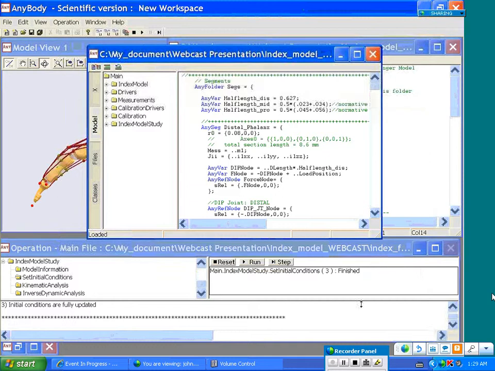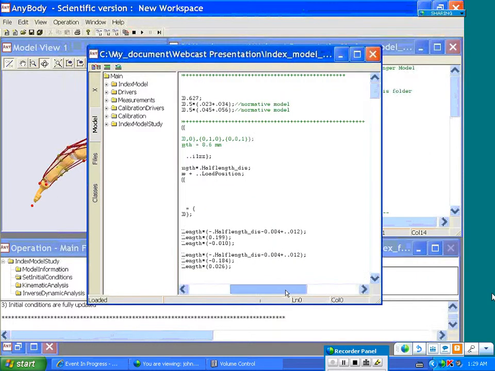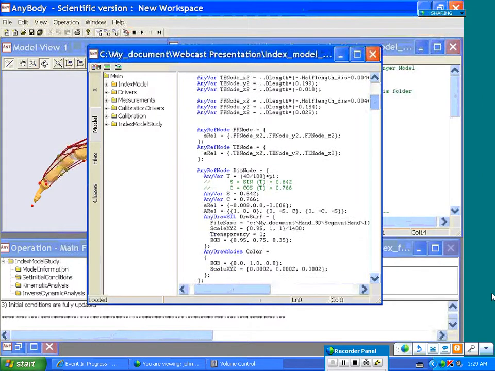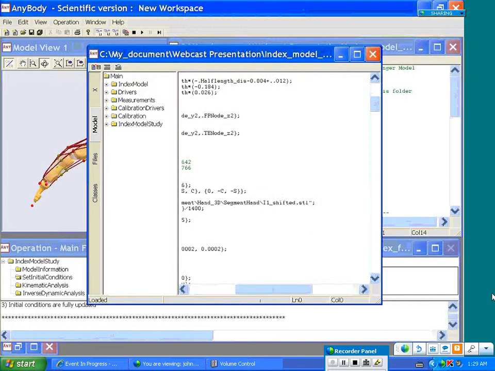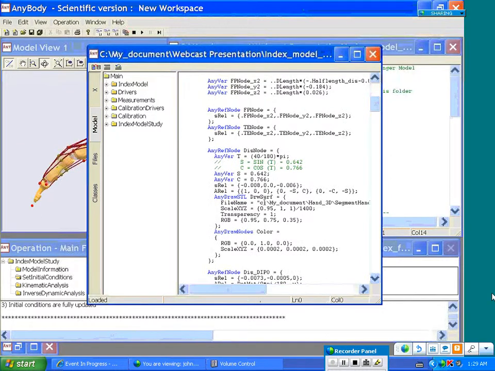Then this index section defines all other three sections. For example, I show you how the single mesh is input here. This file defines the single mesh. It is micro CT scanned. Then we put it in this side, then include it.